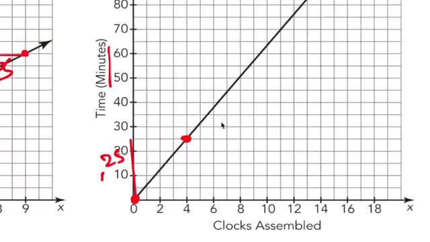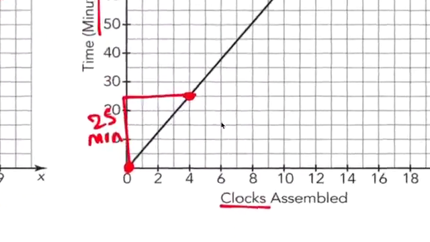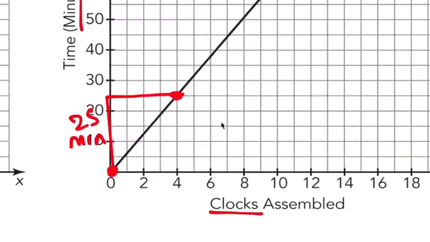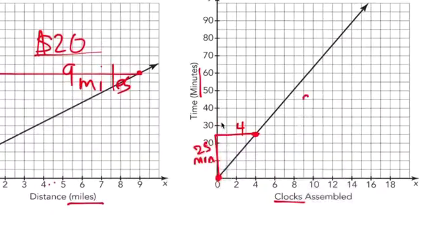Minutes. 4 clocks assembled. So they make 4 clocks in 25 minutes. So 25 over 4.